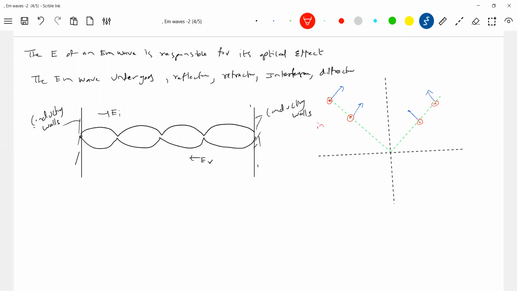There's an incident EM wave and there's a reflected EM wave. A part of the wave will get reflected. So what will happen to the reflected wave? This is V bar.